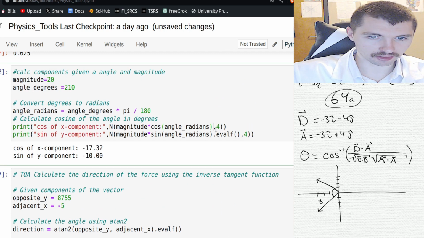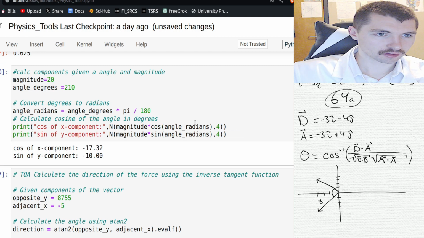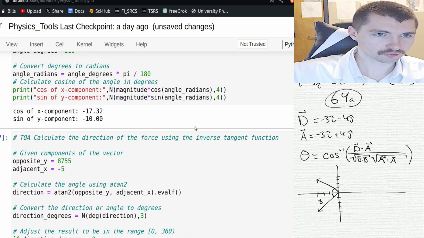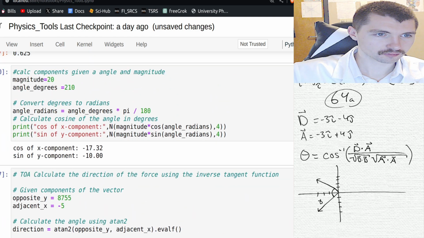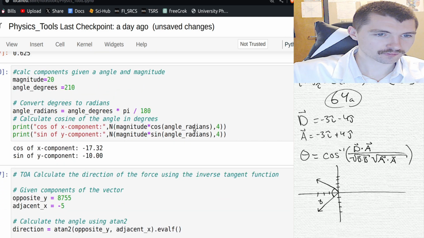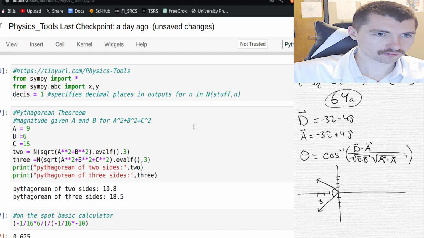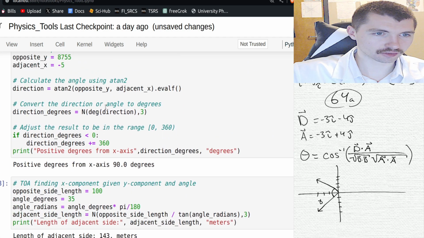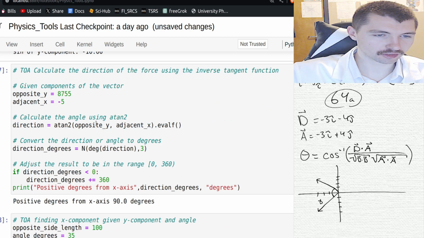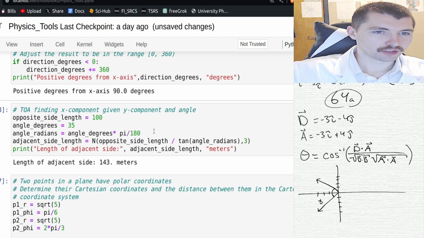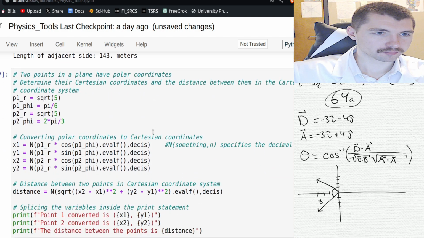Again, don't need this eval if. Okay, so the only thing we did was we converted radians to degrees. Radians to degrees. Okay.